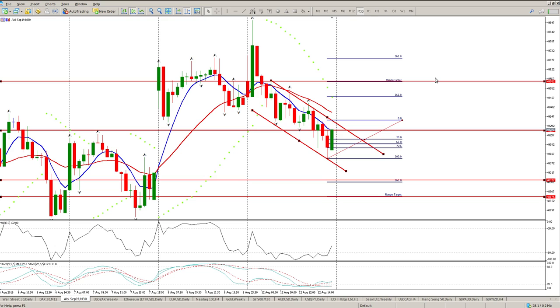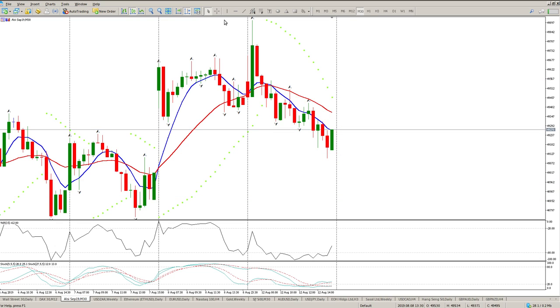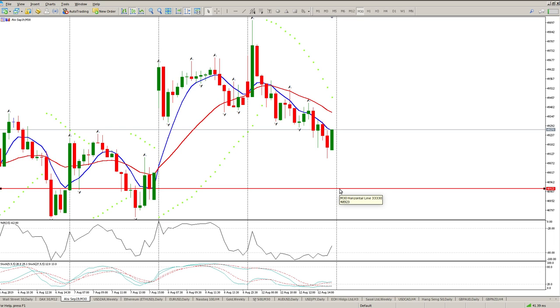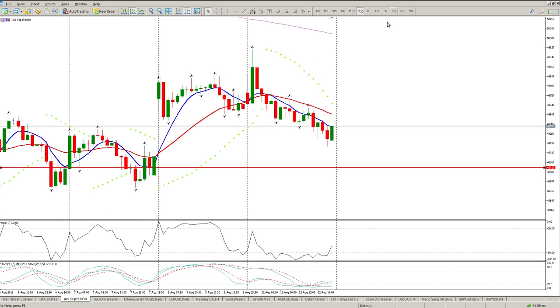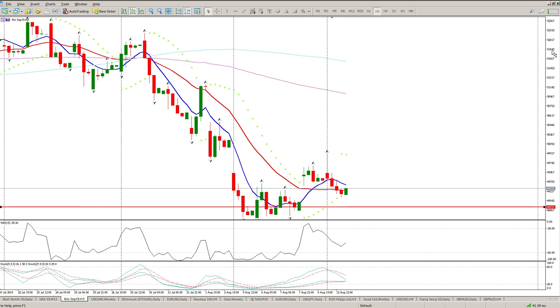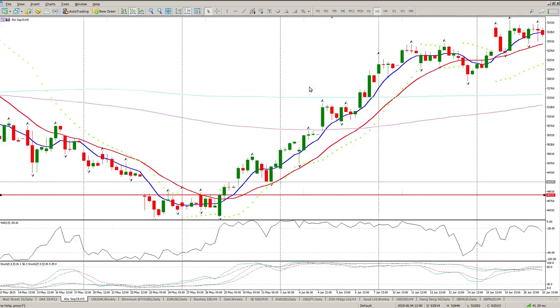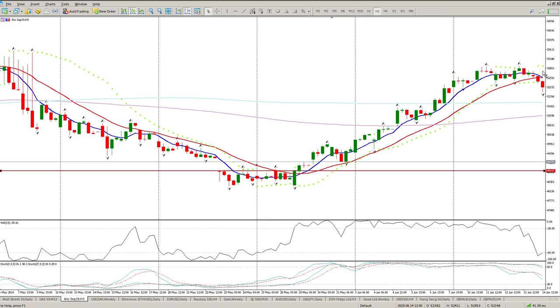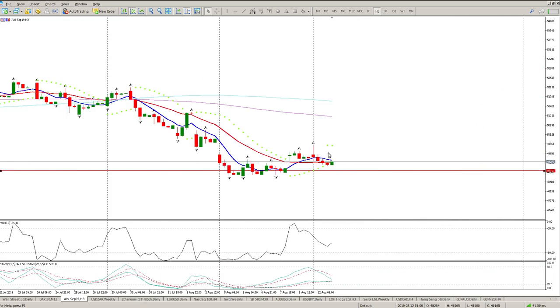For me at the moment, that's the actual close there, so that's the gap. That is the short-term target right now, 49,923. And if we just look to the left, it pretty much lines up with these previous swing highs here. That's kind of my view on this at the moment.